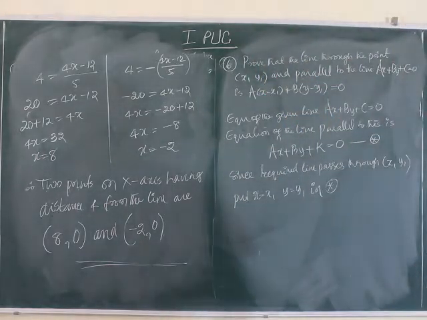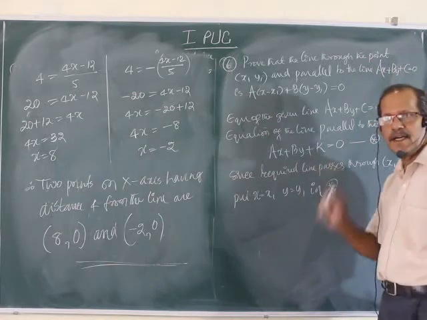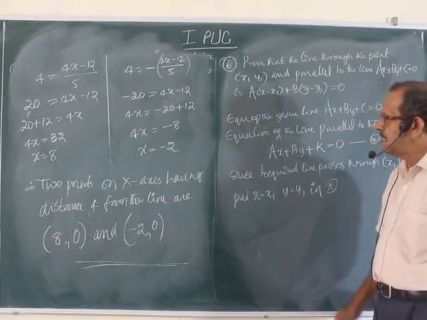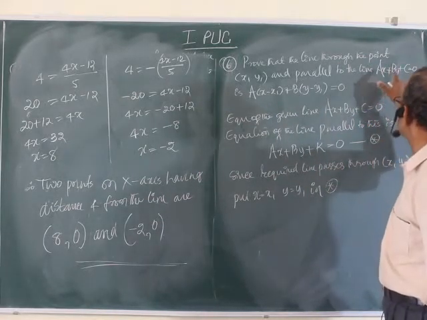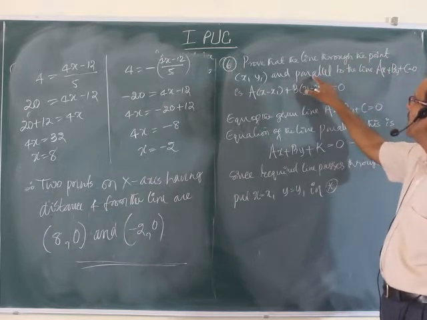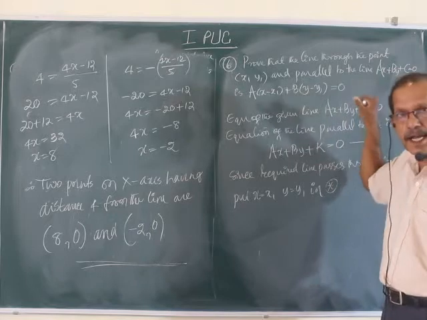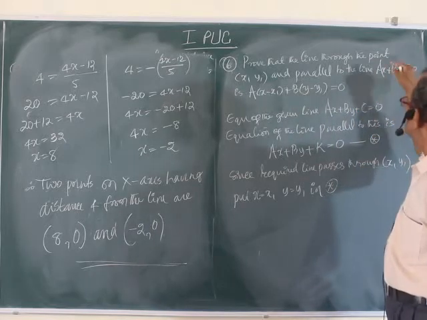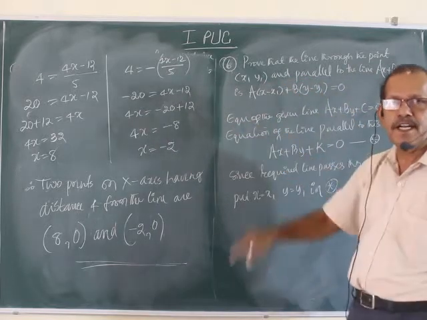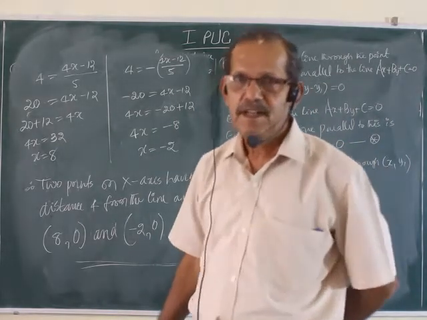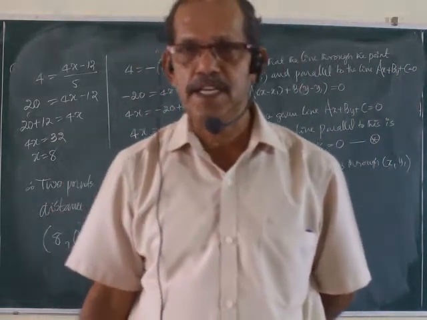That means you are calculating the value k. Same thing you have done before. The equation of the line is given, find the equation of the line parallel to this. Immediately you are putting k, and if it passes through a point, immediately put the coordinates to find k.